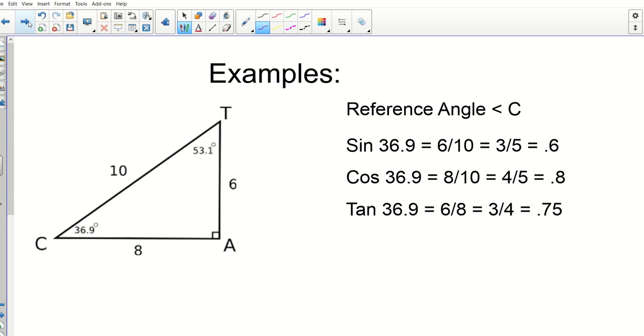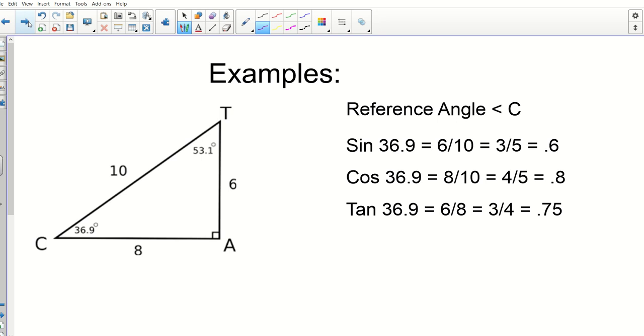So the opposite side length is 6. The hypotenuse is 10. So my ratio would be 6 over 10. So the sine of 36.9 is equivalent to 6 over 10. That can be reduced down to 3/5, or as a decimal, 0.6.